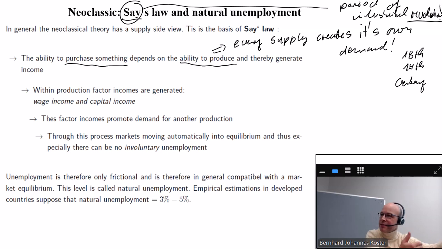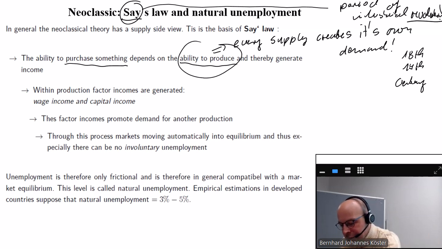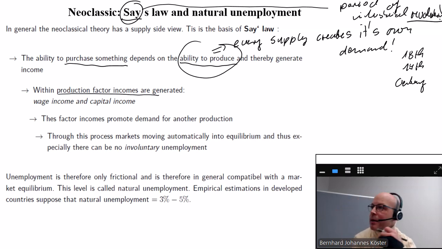And so, in this period of the Industrial Revolution, where more or less every day there was an invention of a new product, the people just started to buy it. And so he argued, how is the economy working? Well, we are starting to produce. When we are producing, this generates income.